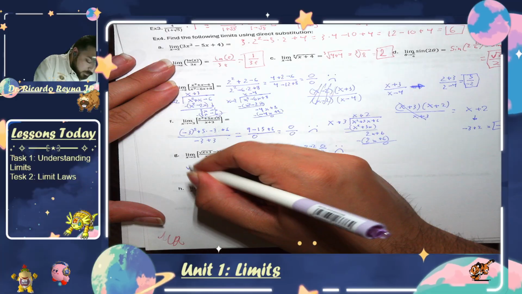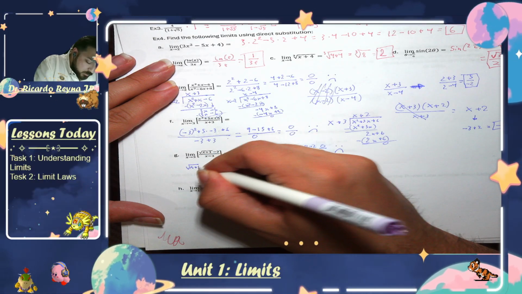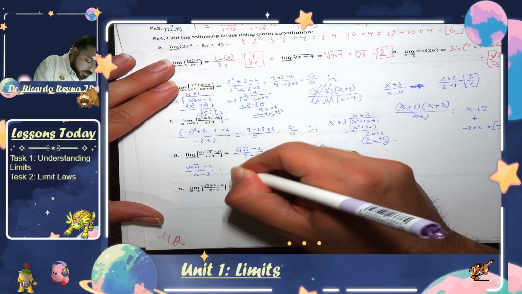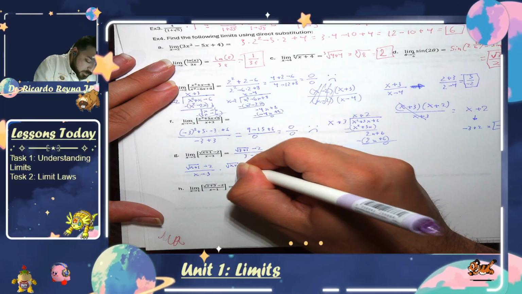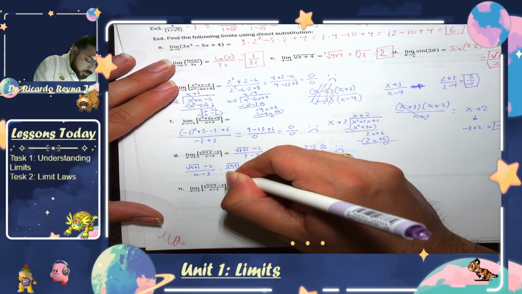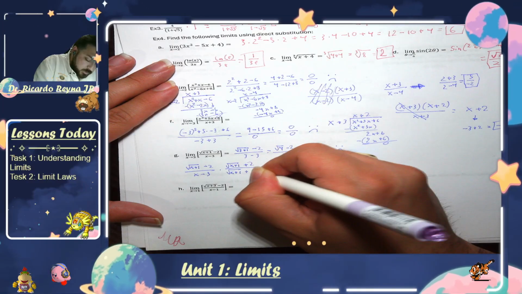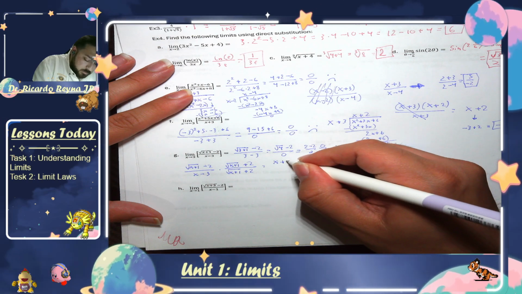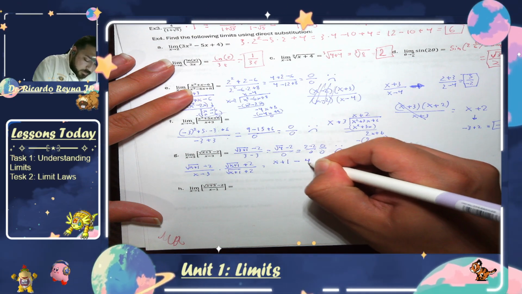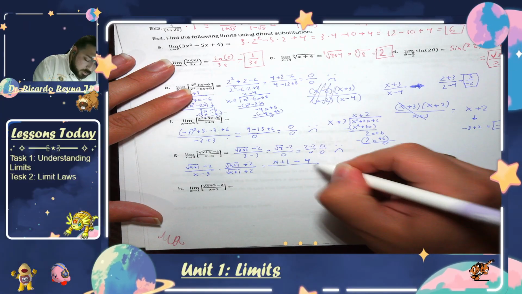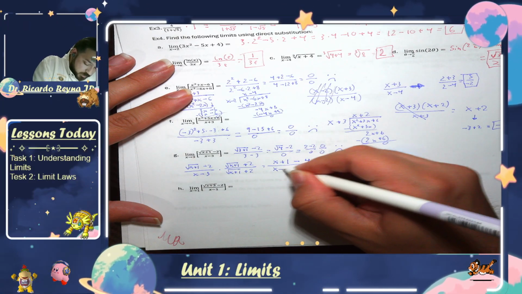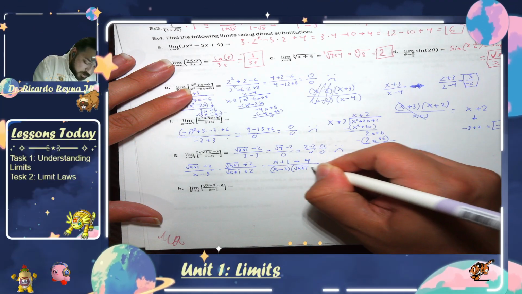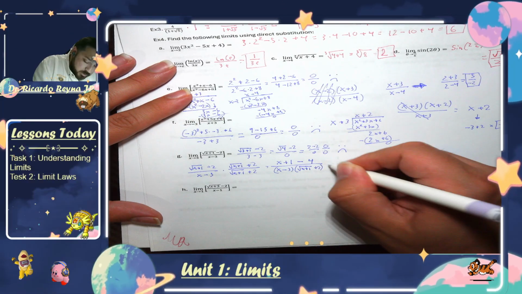So I'm going to multiply this whole thing by the square root of x plus 1 plus 2 over the square root of x plus 1 plus 2. I get x plus 1 minus 4, because it's 2 squared, over x minus 3 as a factor and the square root of x plus 1 plus 2 as a factor.